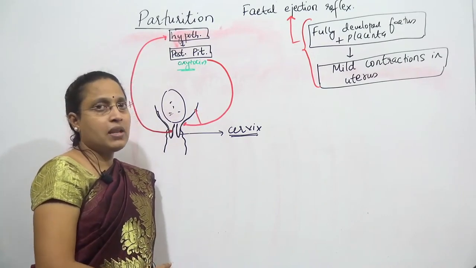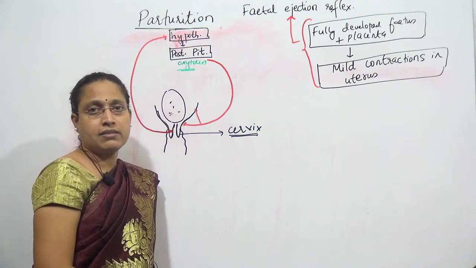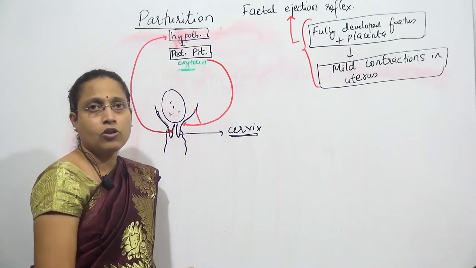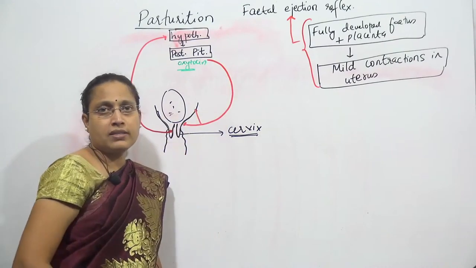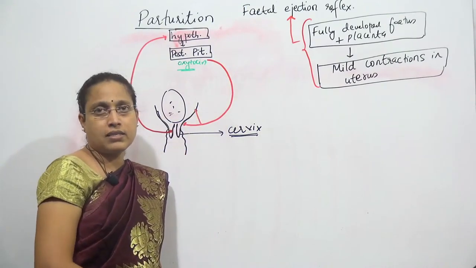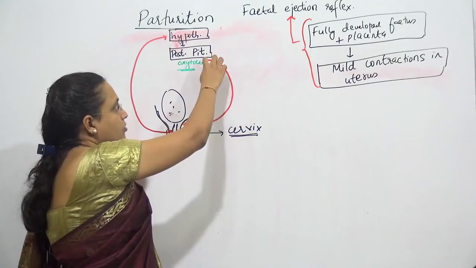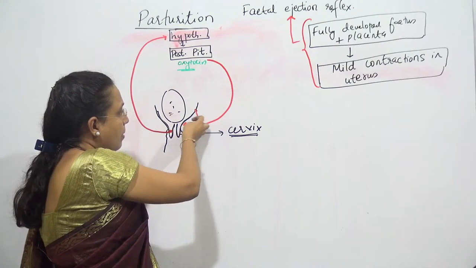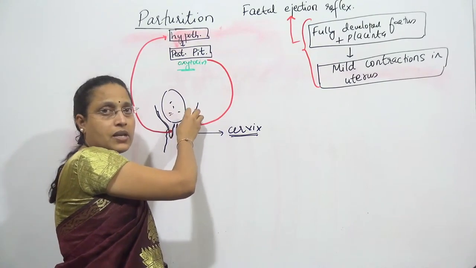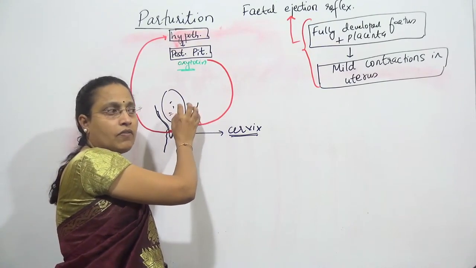Why only smooth muscle? Because smooth muscles of the uterus have receptors for oxytocin, and therefore oxytocin can affect the smooth muscles and not any other cells. So this oxytocin released from the posterior pituitary through the blood circulatory system will come and bind to the receptors present in the smooth muscles of the uterus.